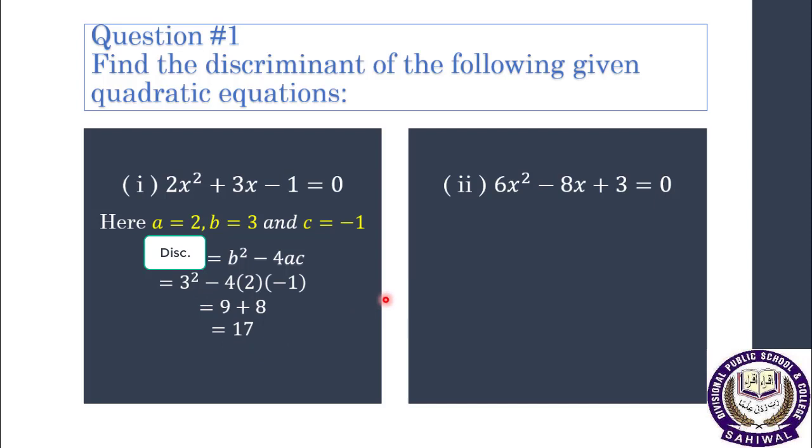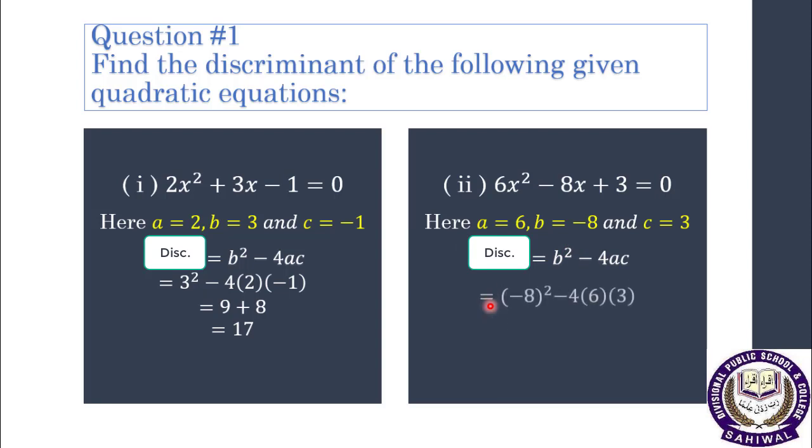Now for the second equation, here a is equal to 6, b is equal to minus 8 and c is equal to 3, which we get from comparing the given equation with the standard form of the quadratic equation. We know that the discriminant is equal to b square minus 4ac. When we put the values of a, b and c, we get minus 8 square minus 4 times 6 times 3.